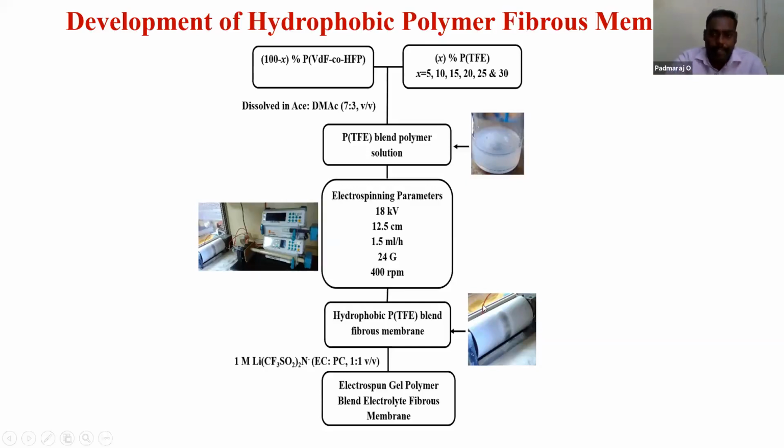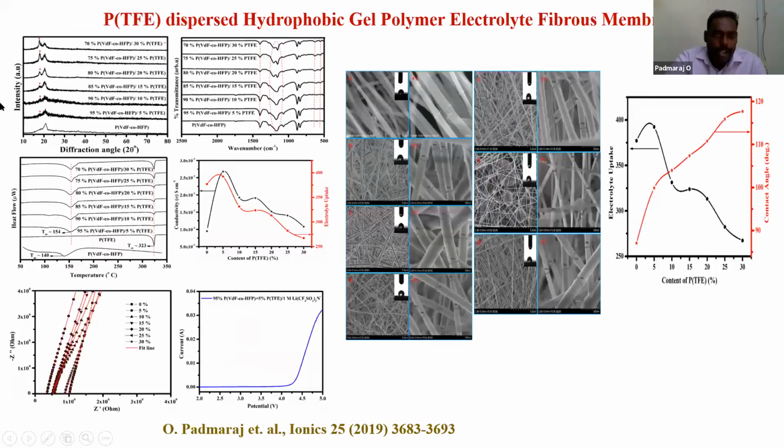I used the electrospinning technique, and these are all the parameters I used to develop the fibrous membrane. And these are the results of the membrane I developed. I did structural studies and DSC to find the thermal stability, and I also measured the conductivity of the developed membranes. I also did the water contact angle to know the hydrophobic properties.